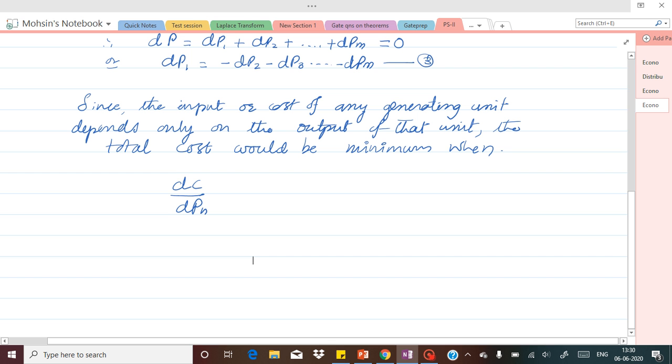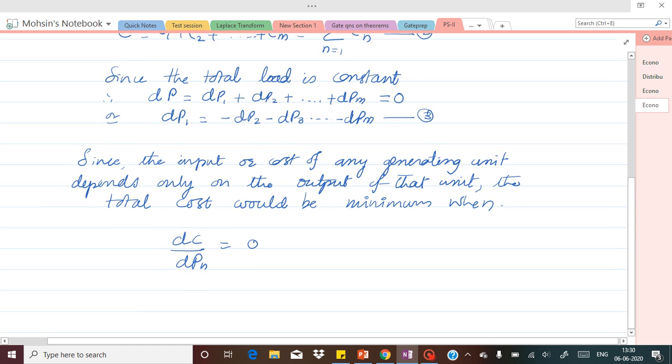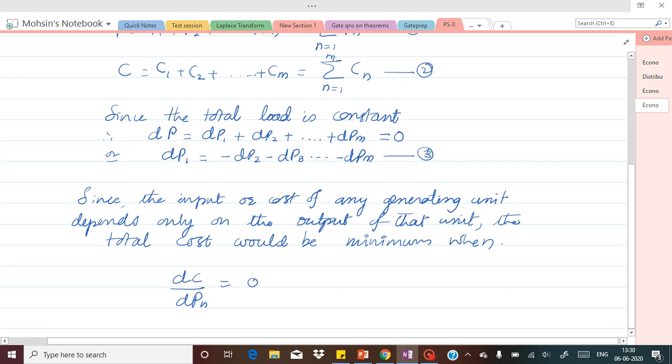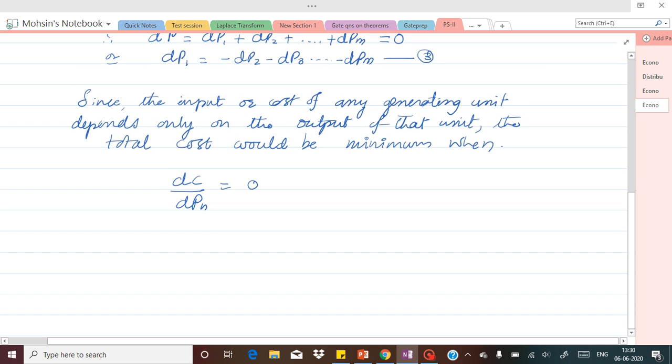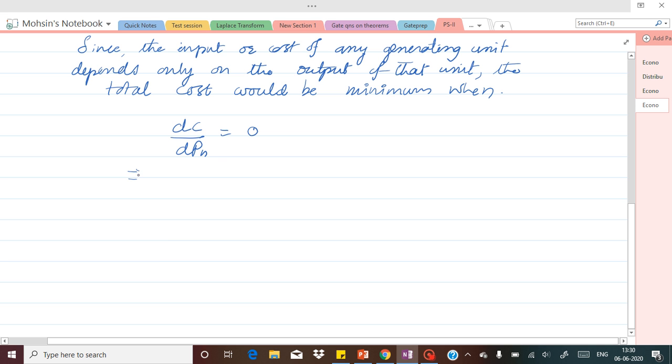So dc by dpn equal to 0. So referring to equation 2, we can try to get that expression. dc by dpn is nothing but, we have that total summation. So let me write in terms of summation only, summation n equal to 1 to m of dcn by dpn, and this is going to be 0.